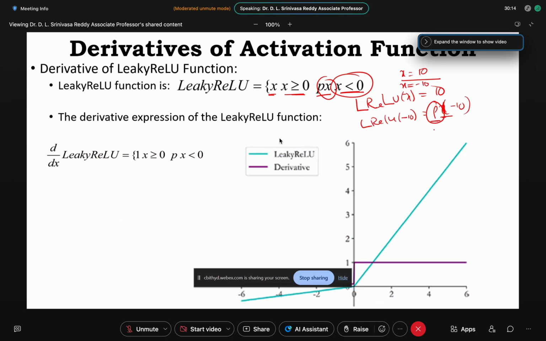Suppose it is 0.1. Then 0.1 into minus 10 becomes minus 0.1, so minus 0.1 is the output value.